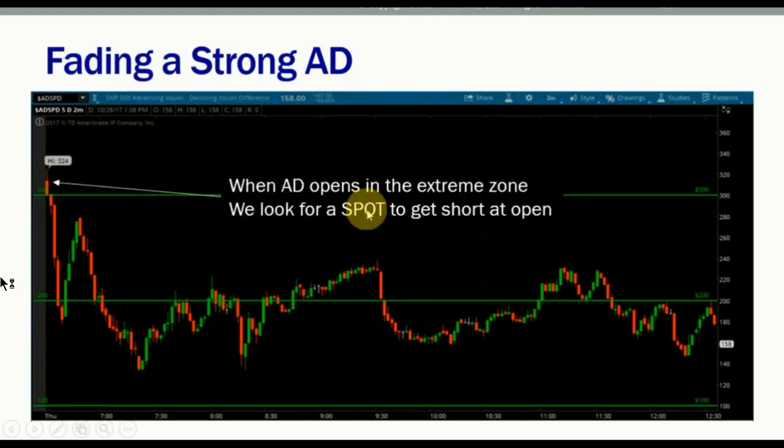There are days where the NQ is off on its own little tangent, if you will, maybe Apple's having a bad day and that overwhelms price, and therefore we're not in sync with ES, right? There are days that the AD is just flat and it's not giving us any clues. But in this volatility, we're able to glean clues from the AD in order to get what we need done.